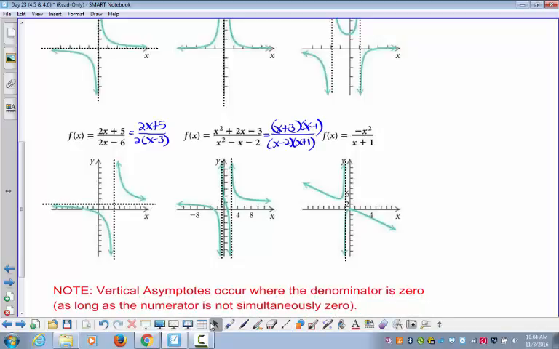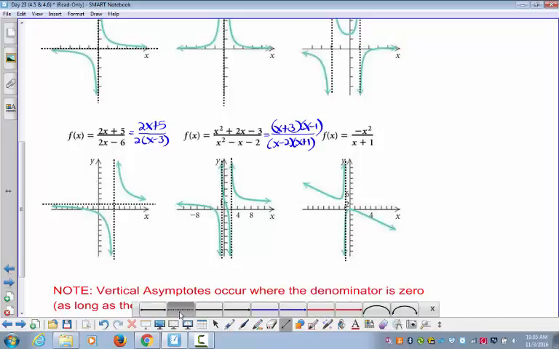What is the quotient of leading coefficients for this second one? Also 1. And that's why there is a horizontal asymptote at 1 there. So if the degrees are the same, you have a horizontal asymptote at the quotient of leading coefficients.